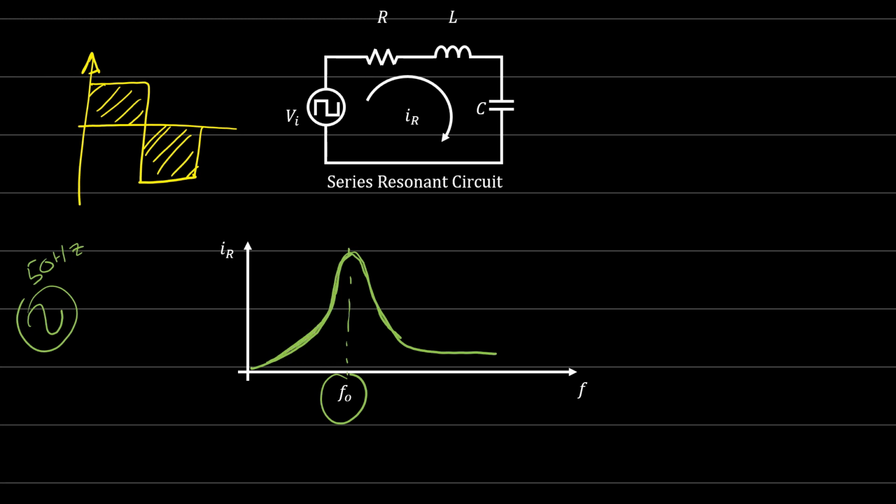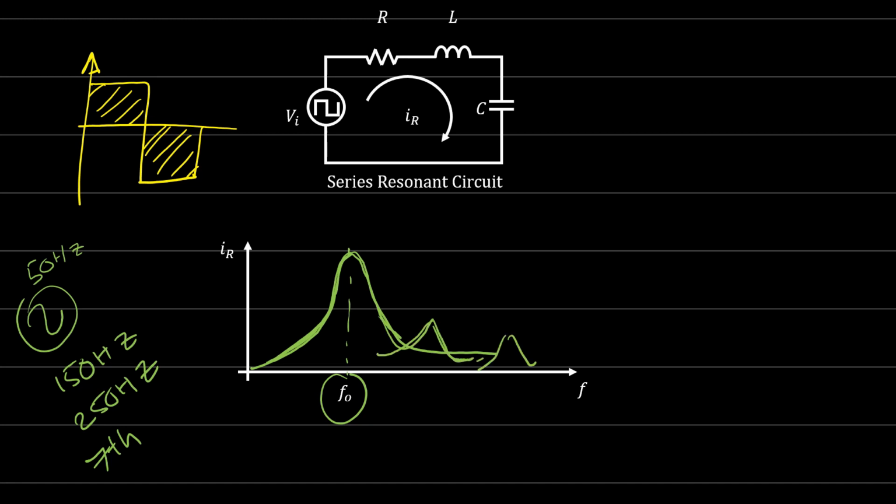Now, if we have a square wave, how many harmonics do we have? We have many harmonics. We have the first frequency, the fundamental frequency, the 50 hertz, for example, and we have the third harmonic, the 150. We have the fifth harmonic, which is how much? 250 hertz, right? And so on and so forth. We have the seventh harmonic, and so on. So we expect that here we have multiple peaks, right?